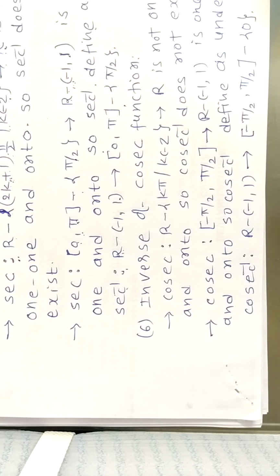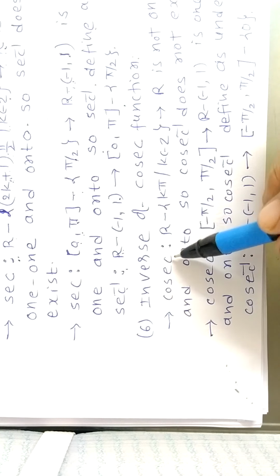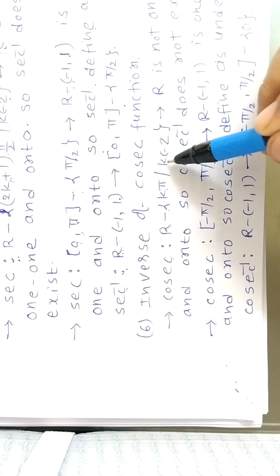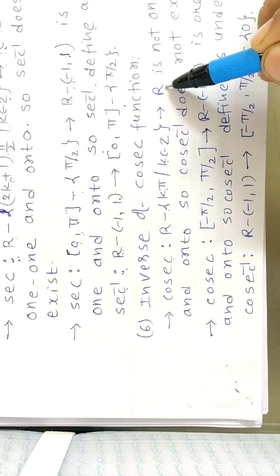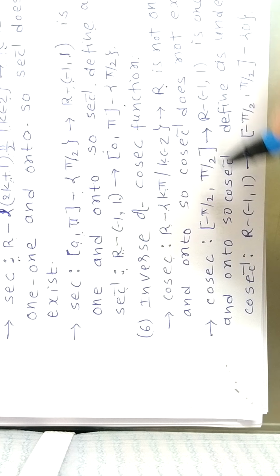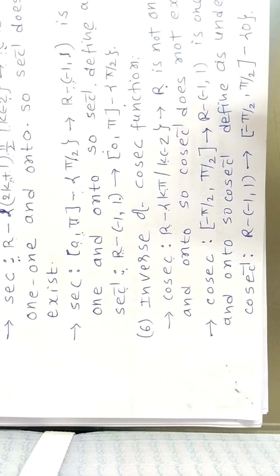Now the last function, inverse of cosec function. The domain of cosec function is R minus k pi, k belongs to Z, and the codomain is R. In this domain and codomain, function is not 1-1 and onto. So cosec inverse does not exist.